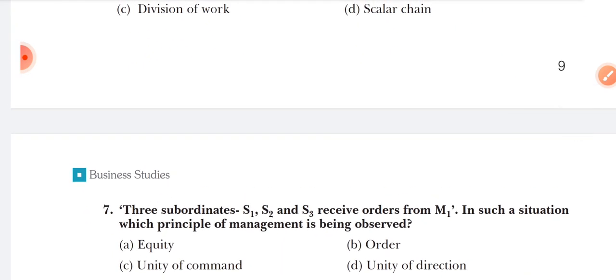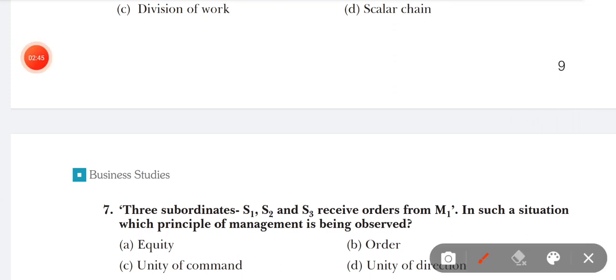Three subordinates, subordinate 1, subordinate 2 and subordinate 3, receive orders from manager 1. In such a situation, which principle of management is being observed? And the answer of this question is option C, unity of command.